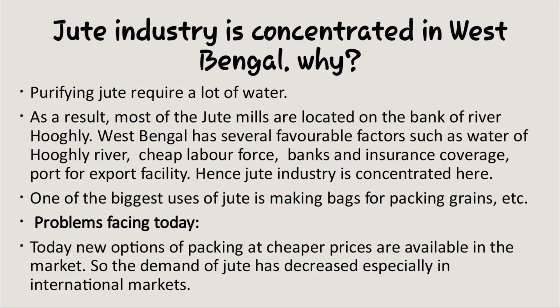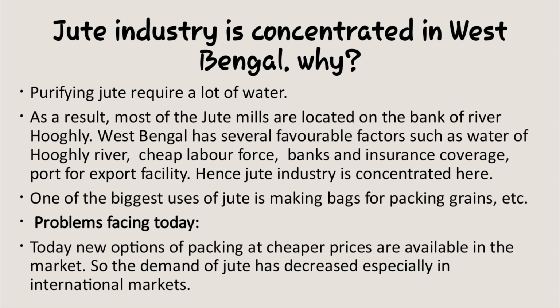From 8th standard onwards, we are telling jute production is concentrated in its maximum at West Bengal. What is the reason for that? You know why? Because the soil of West Bengal is good for the production of jute. That's one of the main reasons, because Hooghly River is having the maximum good soil for the production of jute.